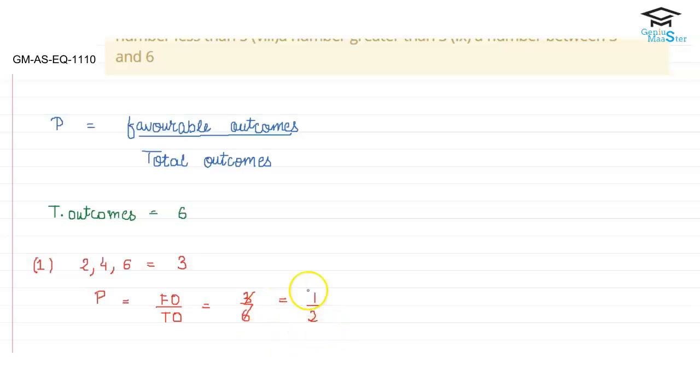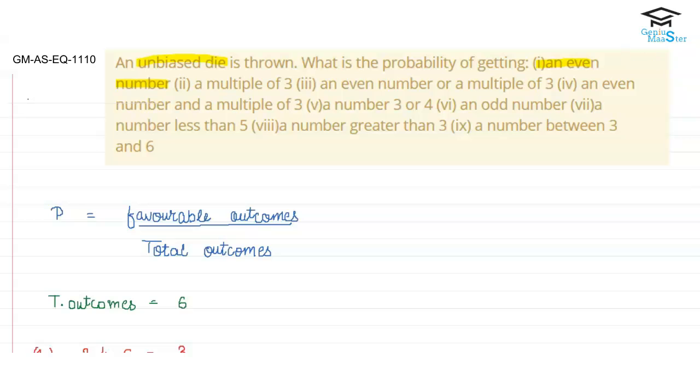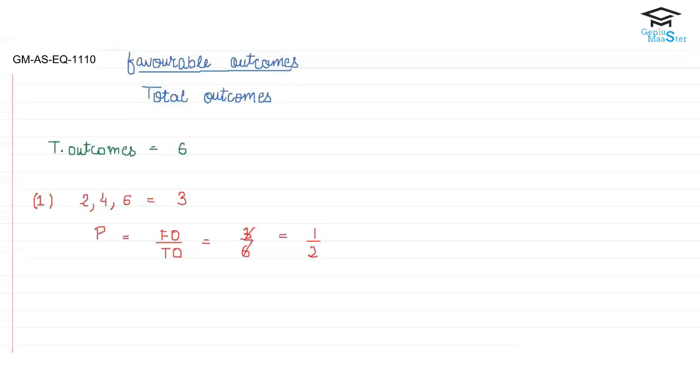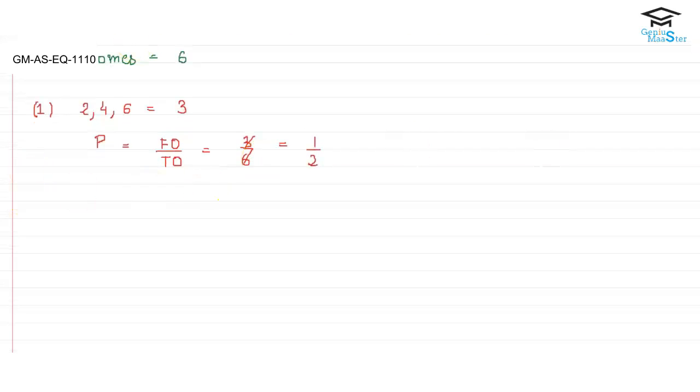So probability is half. Let's move to the second part, which says probability of a multiple of 3. Let's see. The numbers which are multiples of 3 are 3 or 6.